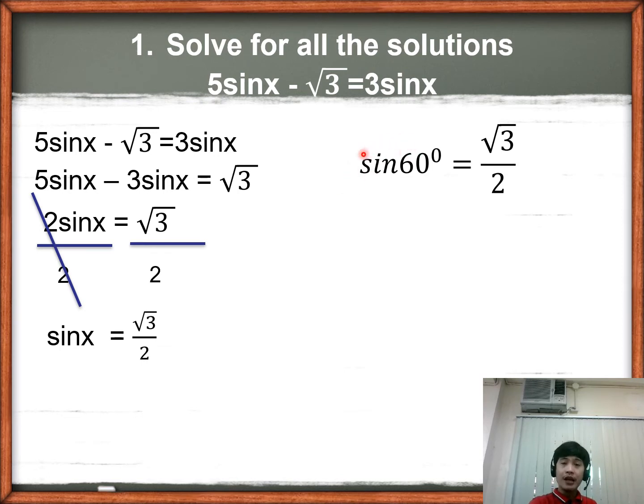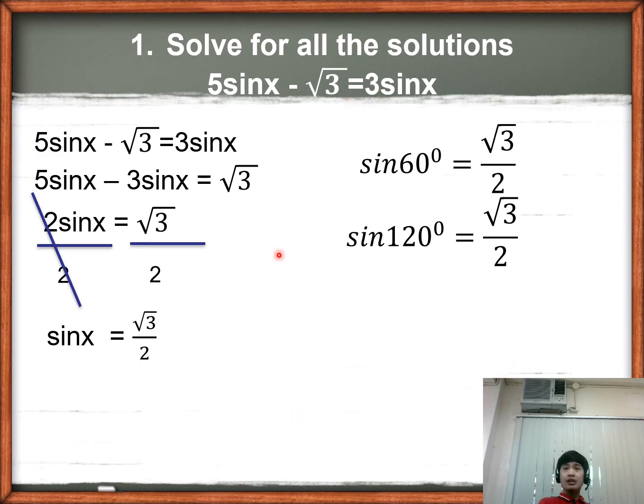So if we go back to square root of 3 over 2, this particular value, sine 120 is also equal to square root of 3 over 2. So most likely, these are the values of our solutions for x if we are only in the first rotation.